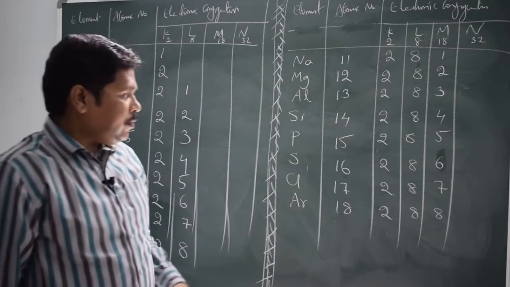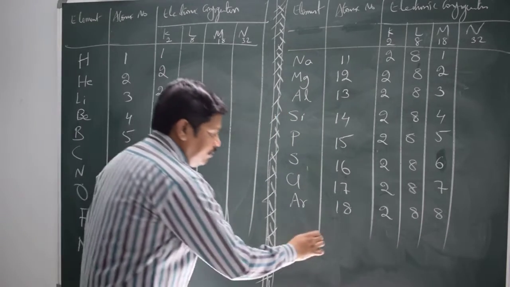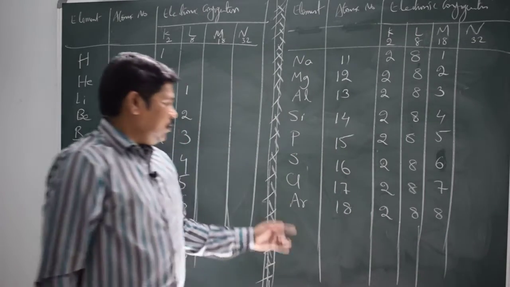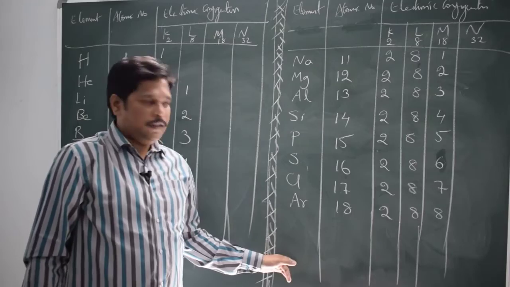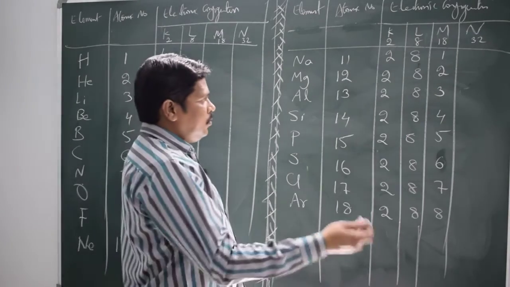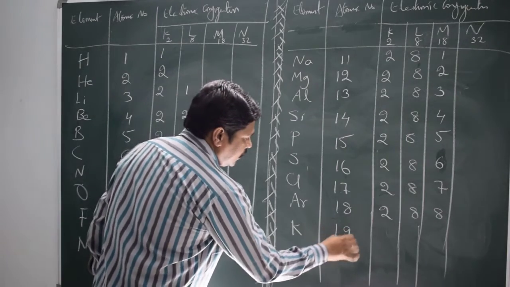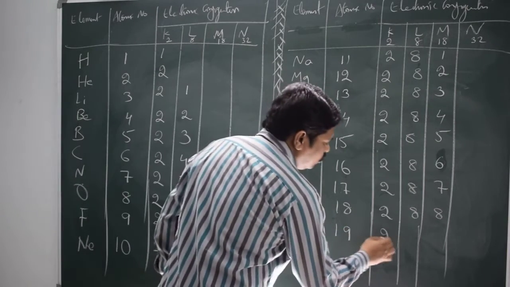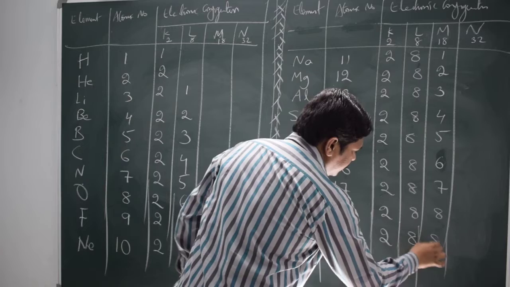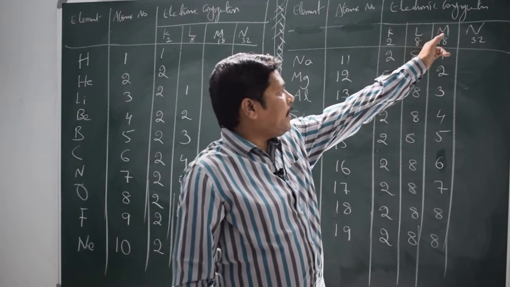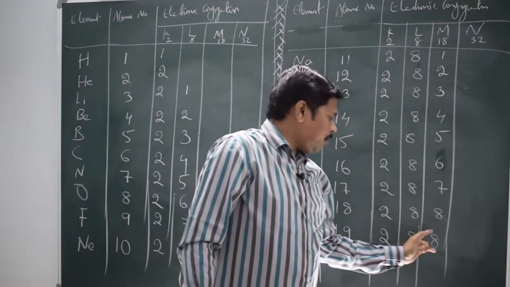From here we have to be very careful when we are filling up the next two electrons, potassium and calcium. Potassium has atomic number 19. So it is 2, 8, 8. The M shell can accommodate 18 electrons, then why did I stop at 8?